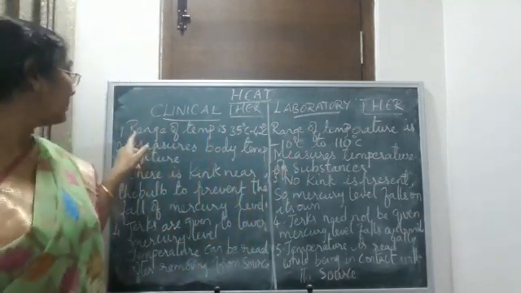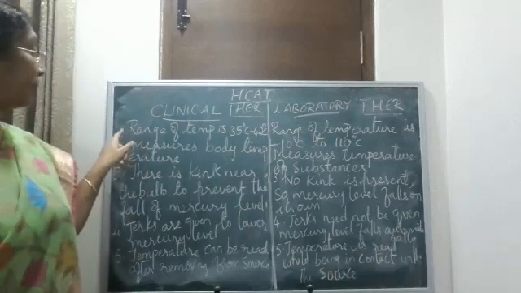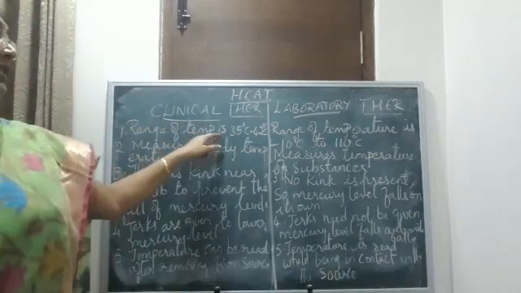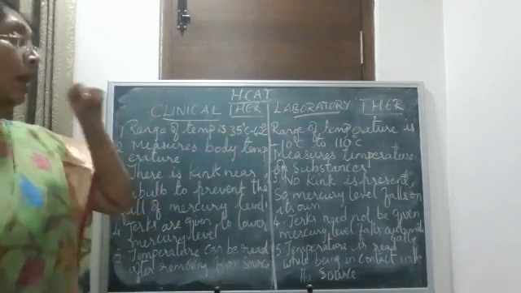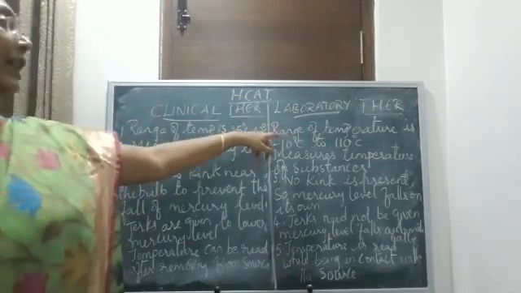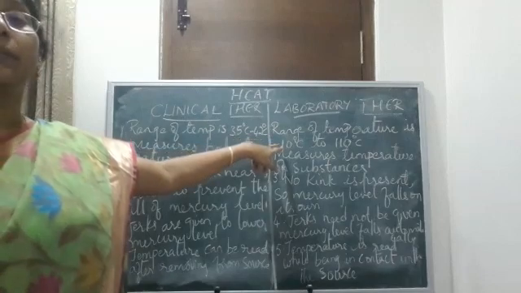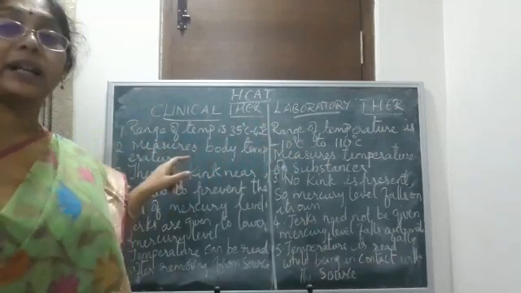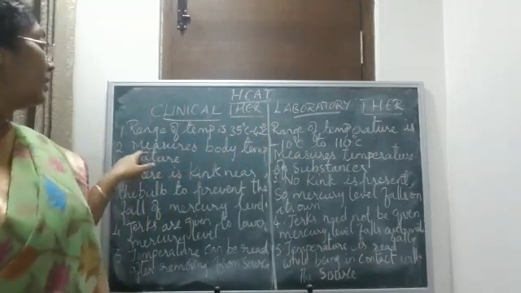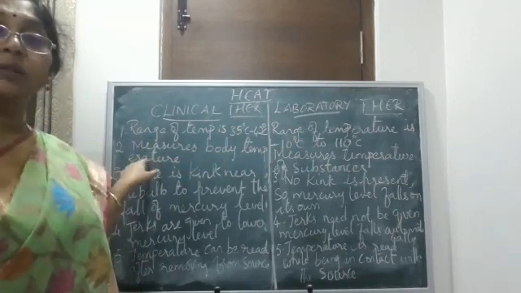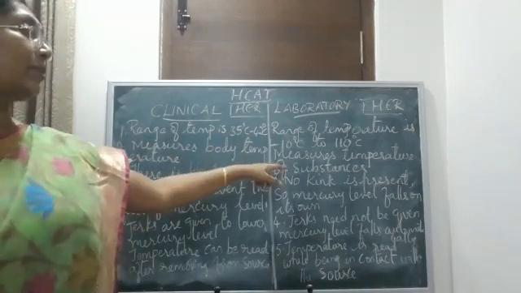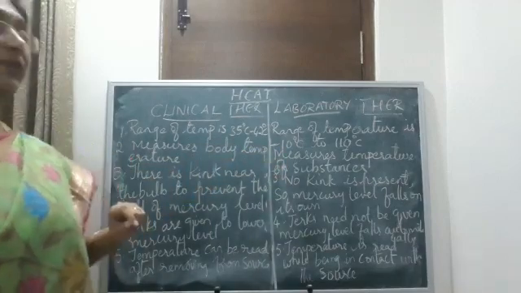Let's quickly recollect. The range of temperature is from 35 to 42 in a clinical thermometer, whereas in a laboratory thermometer it is from minus 10 to 110 degrees Celsius. A clinical thermometer is used to measure body temperature. A laboratory thermometer is used to measure temperature of substances.